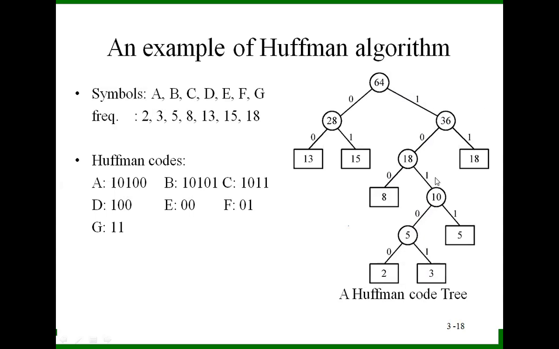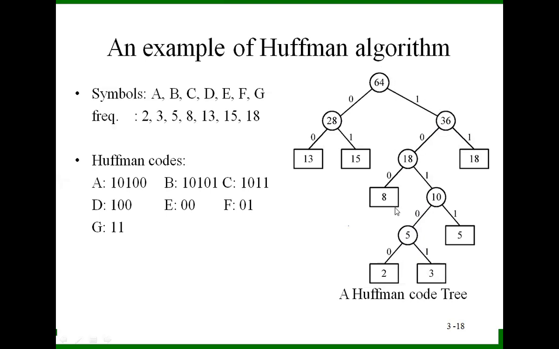How did you get this code? For the left branch always assign 0, for the right branch always assign 1. Left branch 0, right 1, left 0, right 1. Like this, in the entire Huffman code tree, we are assigning zeros and ones to the branches or the edges.